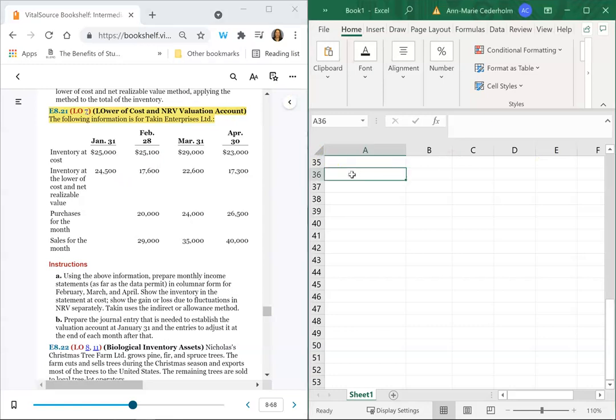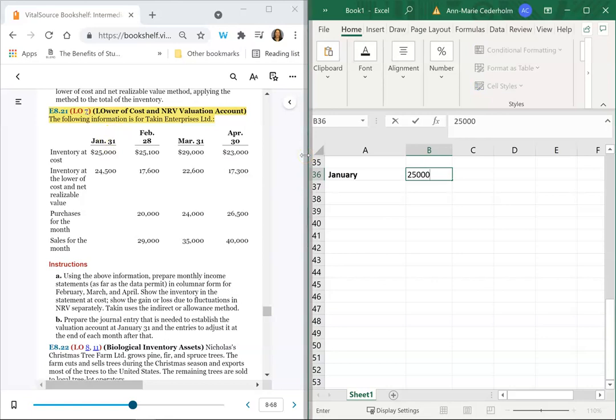So if I look at February, I'm just going to set up my inventory account. The cost, let's even start with January. The cost at the end of January was $25,000. And if we're using the indirect method, and that's the way I'm going to do first, it's setting up a valuation account.